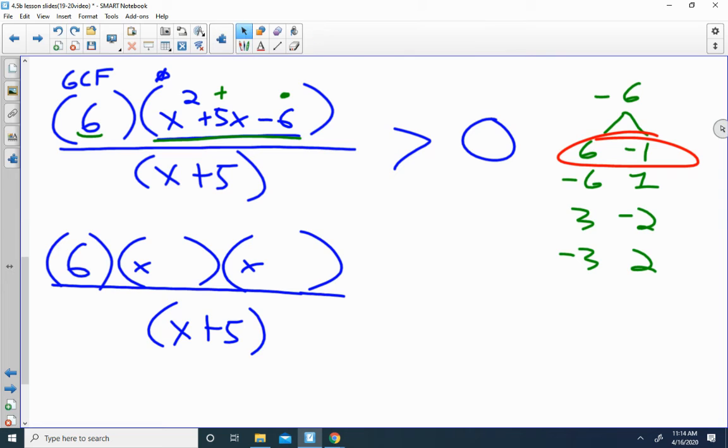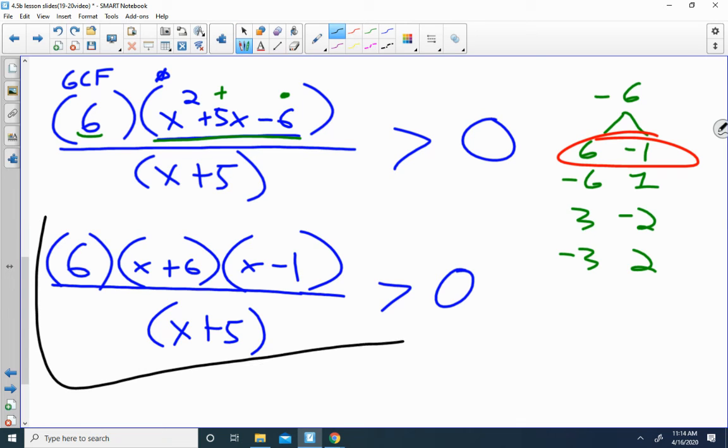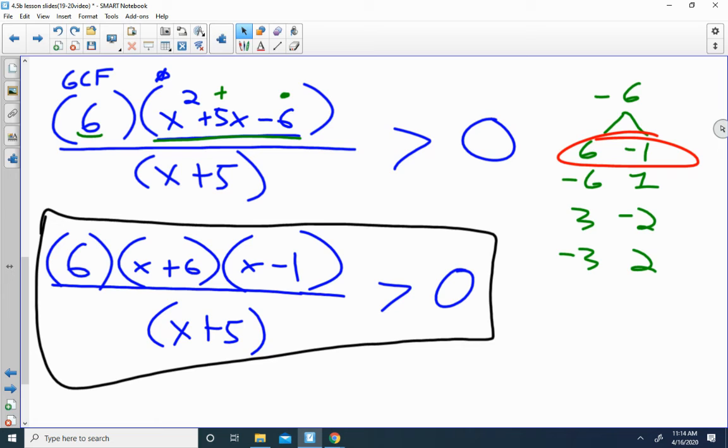This one. So in these parentheses, we're going to put plus 6 minus 1. Doesn't matter what order. And all of this is still greater than 0. All right, now everything is factored as smoothly as we can. So this is what we can use to do our final procedure.